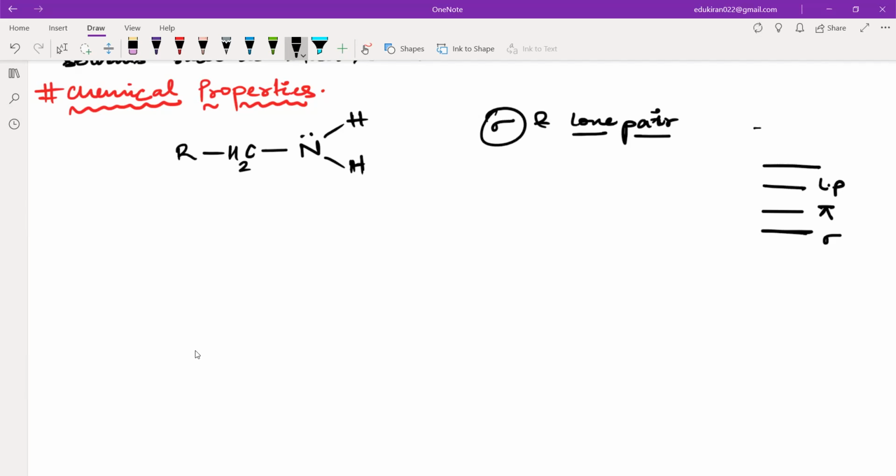Then we have the empty orbitals: the empty orbital, followed by pi star, and then sigma star. So this is the order. We have electrons in the sigma bond and also in the lone pair. Obviously, this lone pair will be very reactive because it is higher in energy.